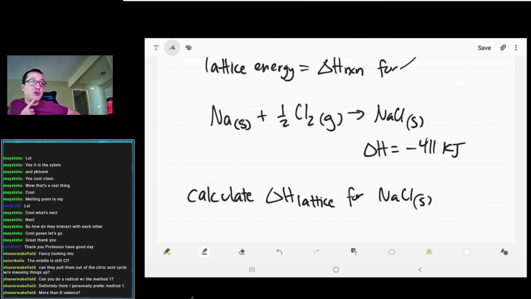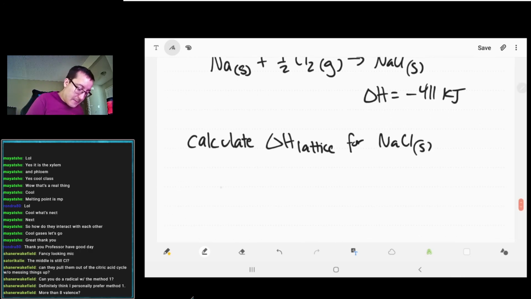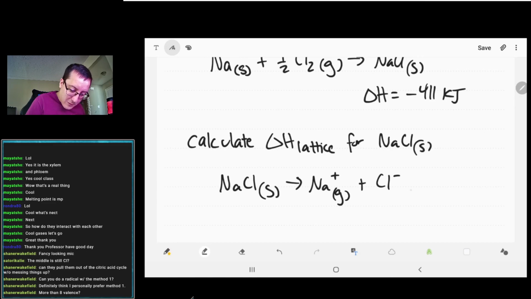If you want to try and give this a shot, this is the lattice energy reaction that we're going for. We're going to have to use a bunch of reactions and kind of our Hess's law idea for this process.